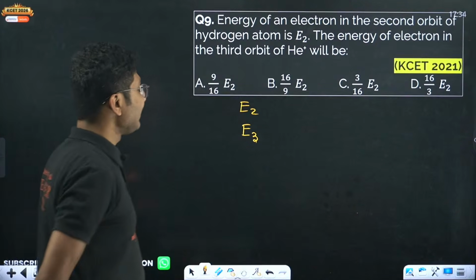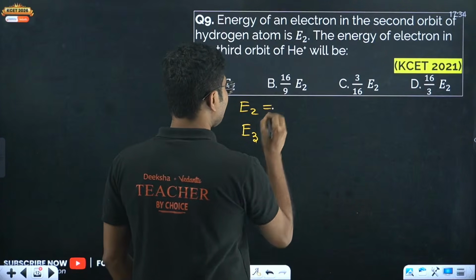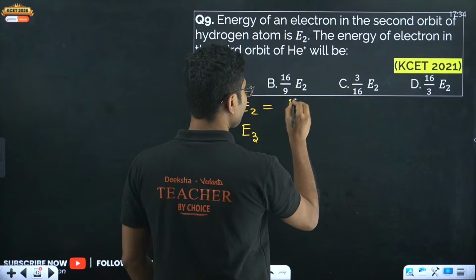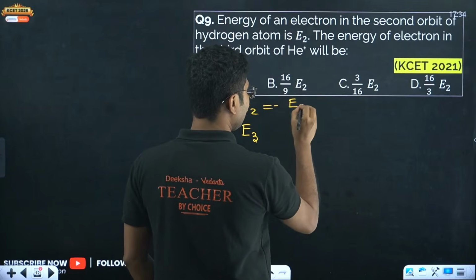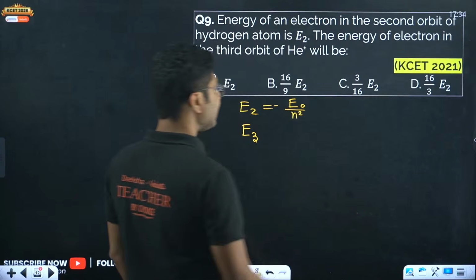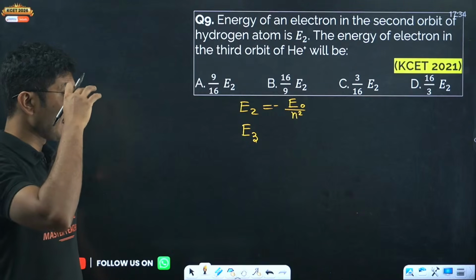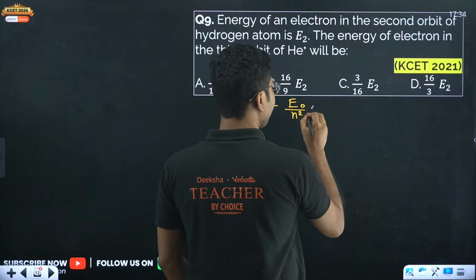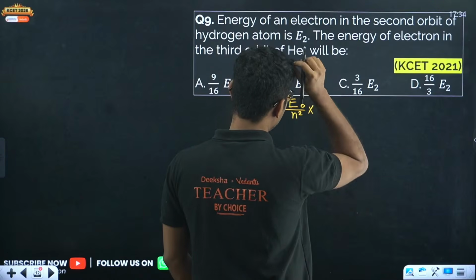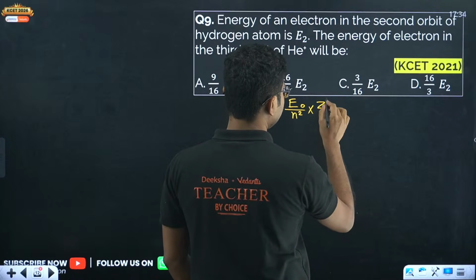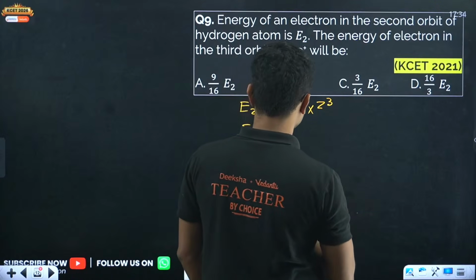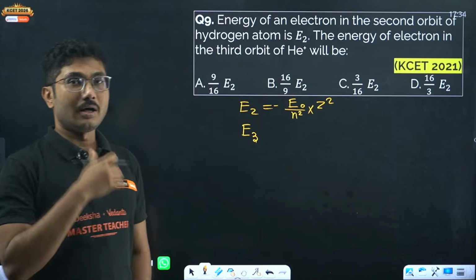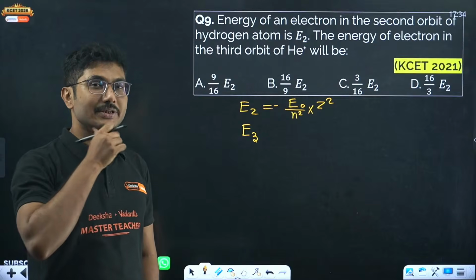Okay, so if suppose the ground state energy is E0, then energy will be proportional to minus E0 by n square. And if you multiply by Z square, Z is the number of positive charges in the nucleus.